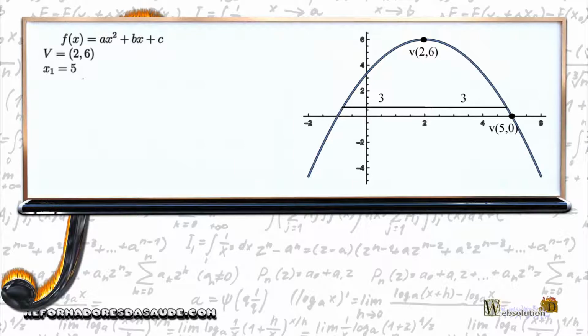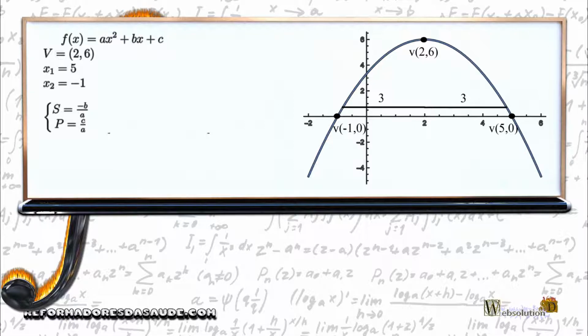To find the other root, from 2 on the x-axis we jump 3 houses, the same amount, in the left direction, contrary to point 5, so we count 1, 0, minus 1. Stopping at minus 1, we find the other root at point x equal to minus 1. With the two roots, x equals 5 and x equals minus 1.